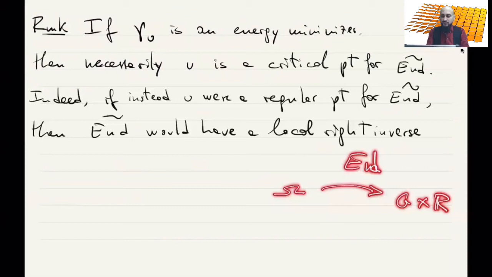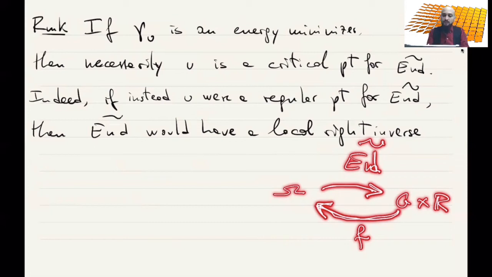If you have a surjective differential, then you can find a local inverse. So you can find a map, say F, for which doing F and then end will give you the identity.